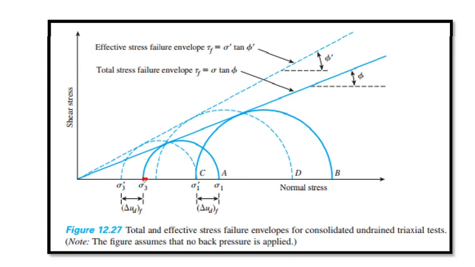We have here the value of sigma 3. The drainage valve is then closed, creating an undrained condition for the shear phase of the test, and we will measure any excess pore pressure that are generated during shear.